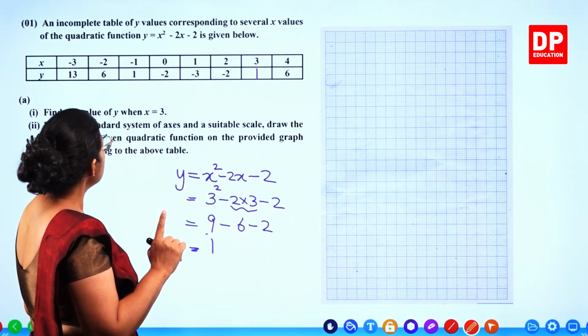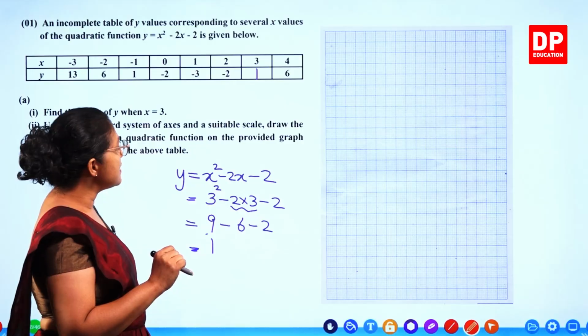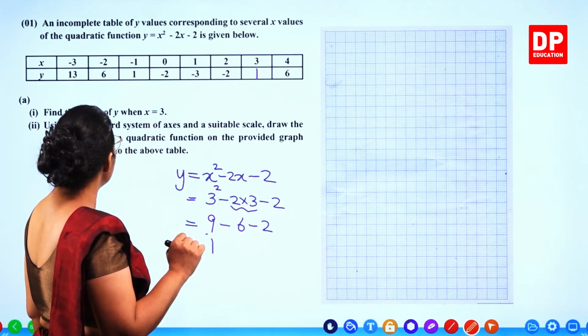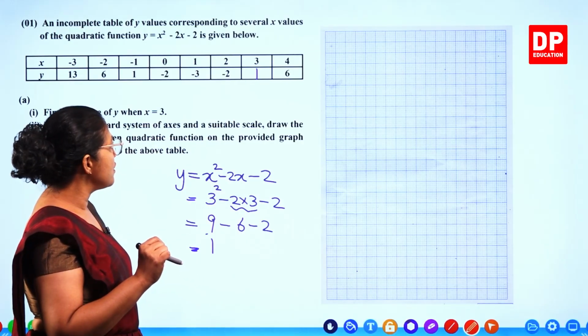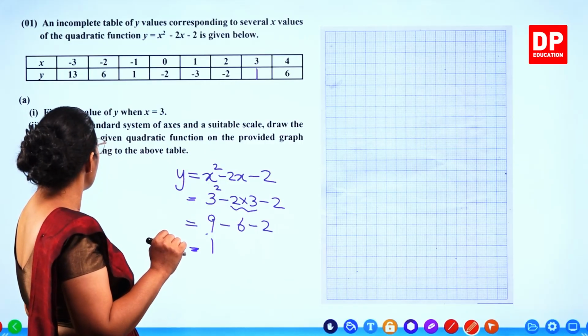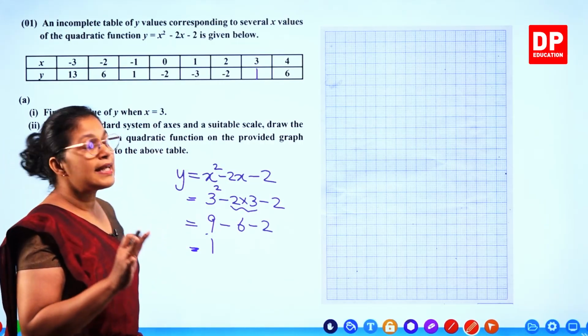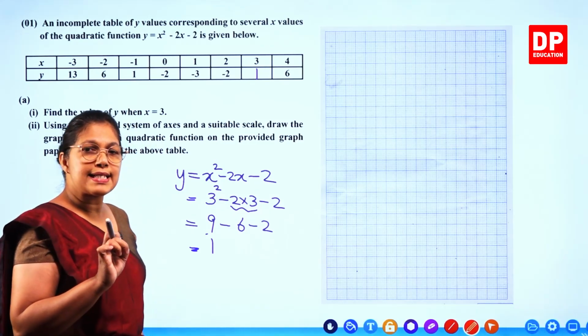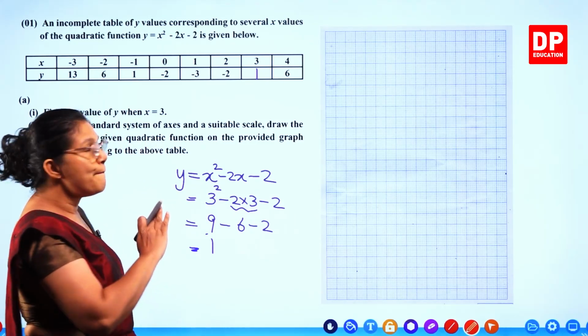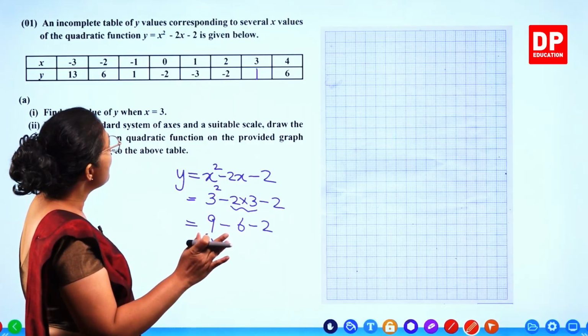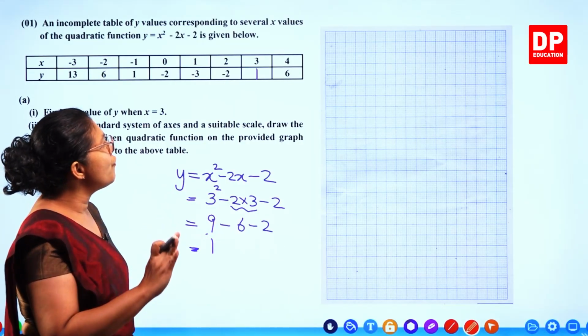Then using the standard system of axes and a suitable scale, draw the graph of the given quadratic function on the provided graph paper according to the above table. So you have to select a scale. How are we going to select a scale? First look at the minimum x value and the maximum: minus 3 to 4.